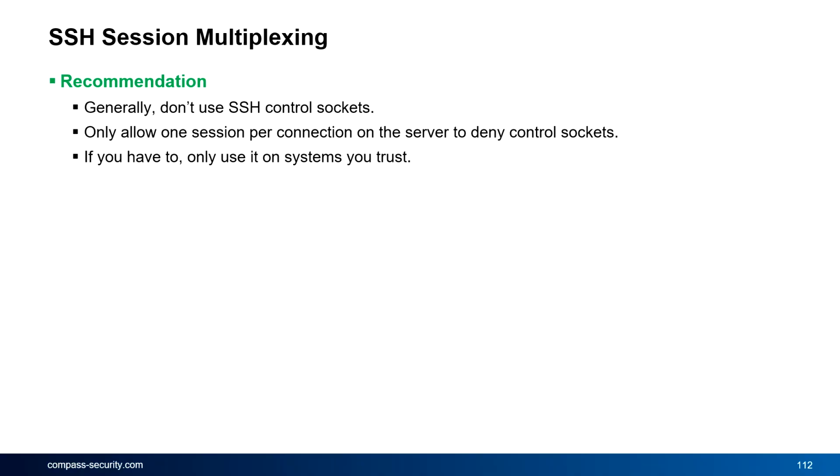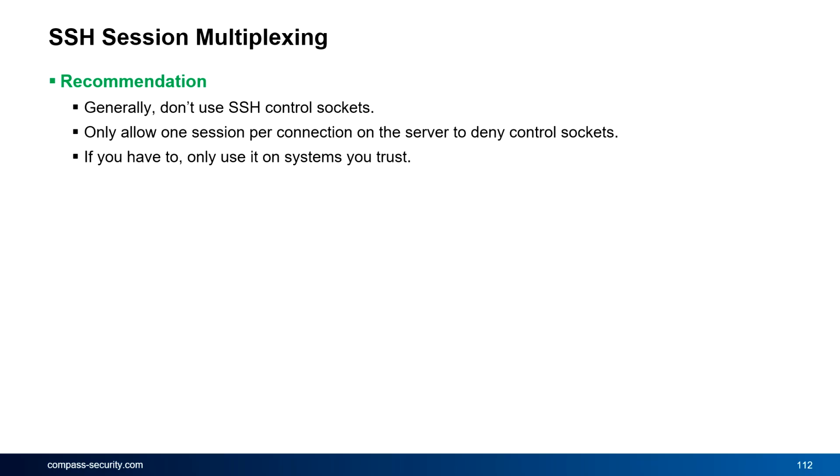To protect yourself from such attacks, the best way is to not use SSH control sockets. You can also enforce this on the server side if you only allow one session per established connection. Then for every new SSH session you establish, you have to create a new connection and authenticate again. So you can still connect multiple times to the same server, but these will be different connections.